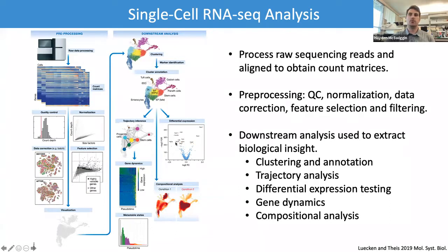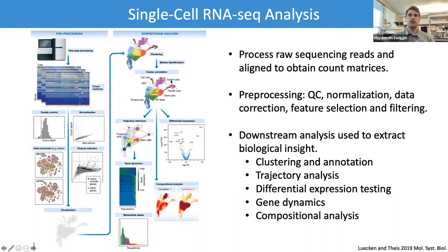And then after this, you can do a number of other downstream analyses, and you can construct trajectory analysis. This will help you identify genes that are important for developmental processes. You can also do differential expression to identify genes that are important for individual cell types.